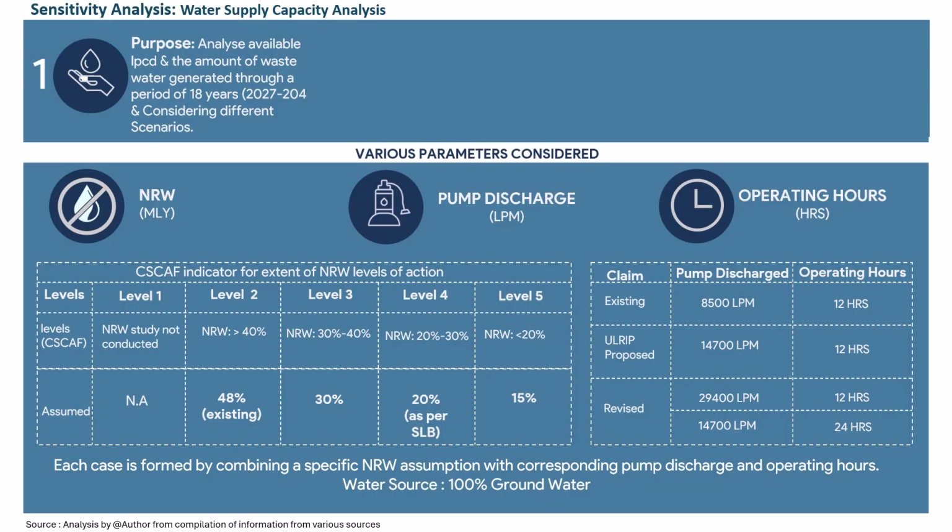The first purpose is to analyze the available LPCD and the amount of wastewater generated through a period of 18 years, considering different scenarios formed by combining various NRW levels as per the CF indicator along with pump discharge and capacity of operating hours.